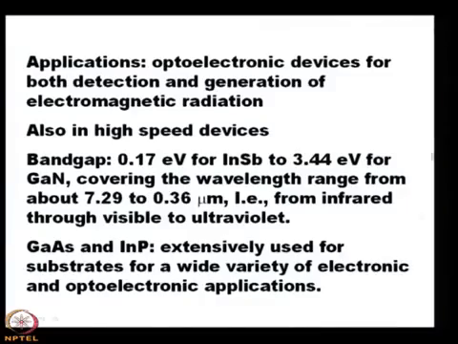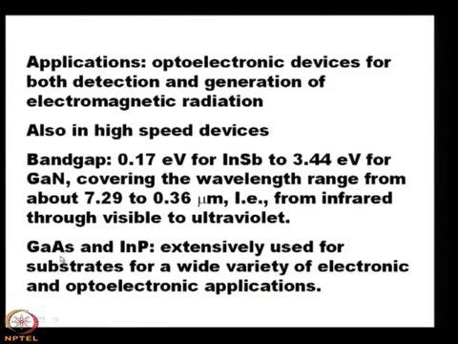So, in III-V compound semiconductors the band gap varies from as small as 0.17 electron volt to 3.44 electron volt for gallium nitride, covering the wavelength range from about 7.29 to 0.36 micron, that is, from infrared through visible to ultraviolet. The whole electromagnetic spectrum is covered from 7.29 to 0.36 micron.